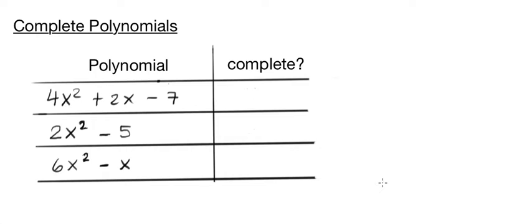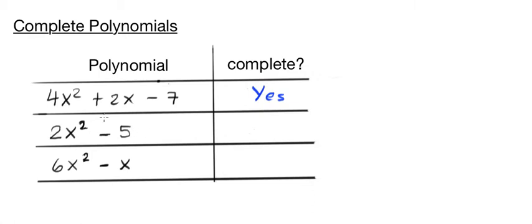But before we go to the next example, let me explain to you what is this idea of a polynomial being complete or not. A polynomial is complete if it has all its terms: constant term, linear term, quadratic term. For instance, this polynomial x squared plus 2x minus 7 is complete.